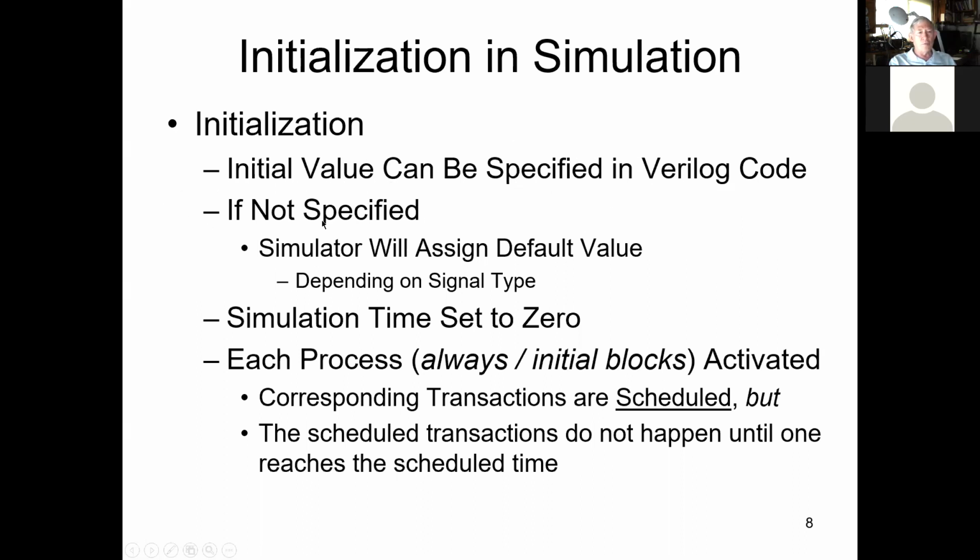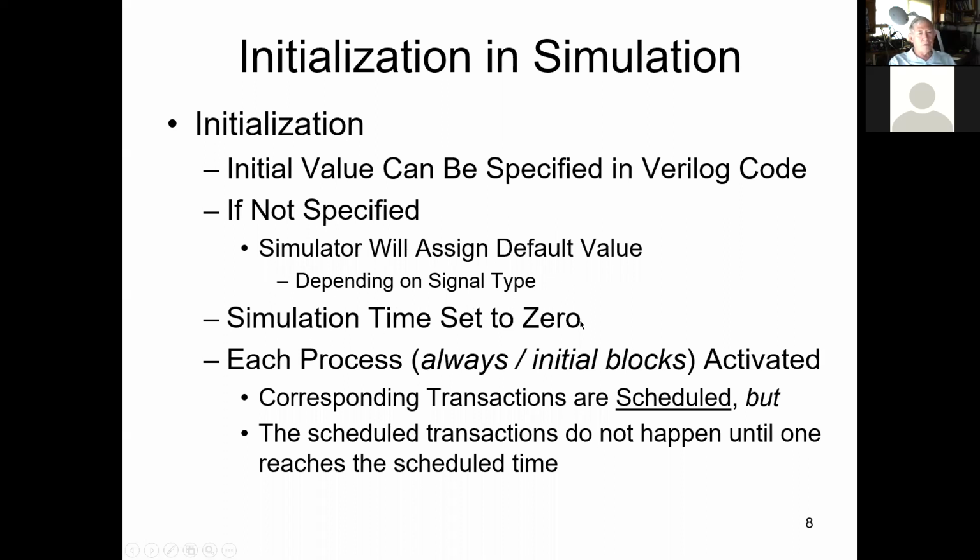So if you don't initialize values, then the simulator will just assign a default value. And what it does depends on whether it's a wire or a register. If it's a wire, it's going to show that it's disconnected, and if it's a register, it'll show that it's unknown. But in Verilog, those two things are the same. They're actually different in VHDL.